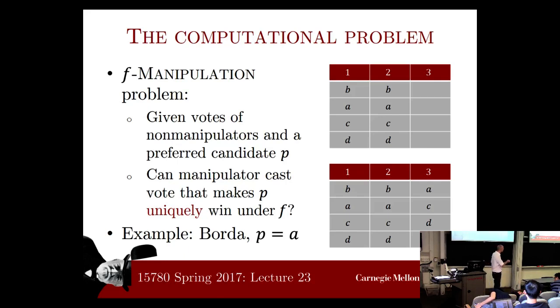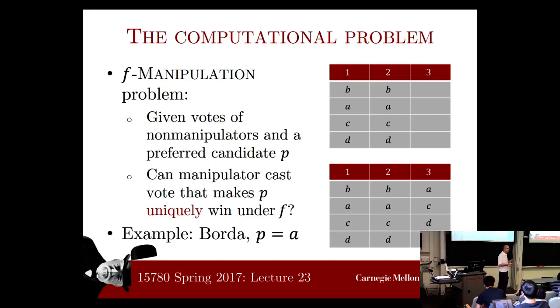So for example, let's take Borda as our voting rule. So we were thinking of the Borda manipulation problem. And let's let the preferred alternative be A, and our manipulator is voter number 3. So an instance of the problem can be something like this, where we're told the manipulator is voter number 3. Here are the votes for the other voters. The preferred alternative is A, and the voting rule is Borda.